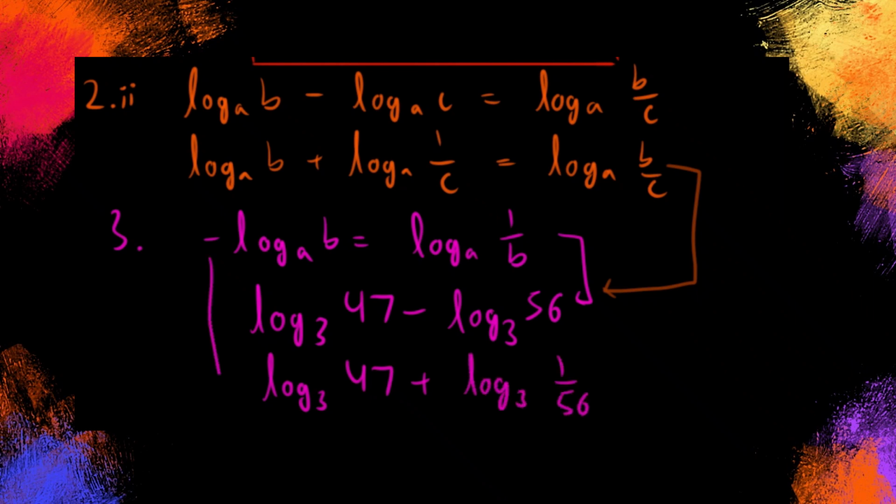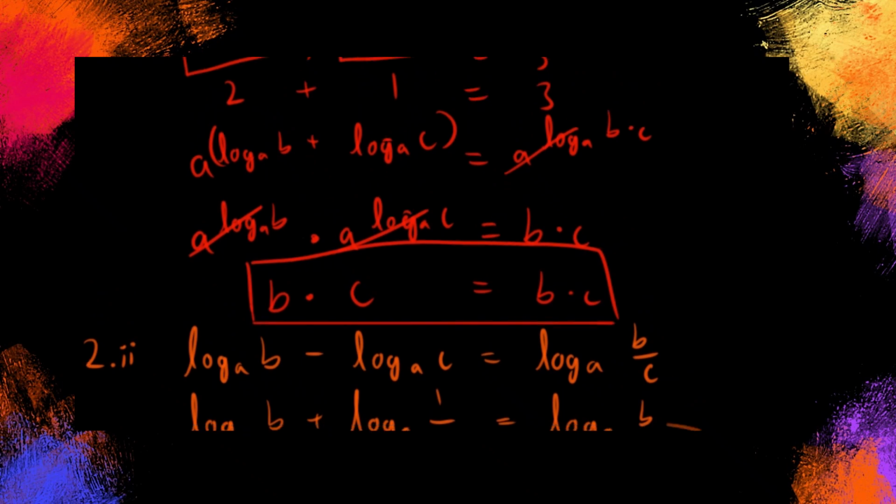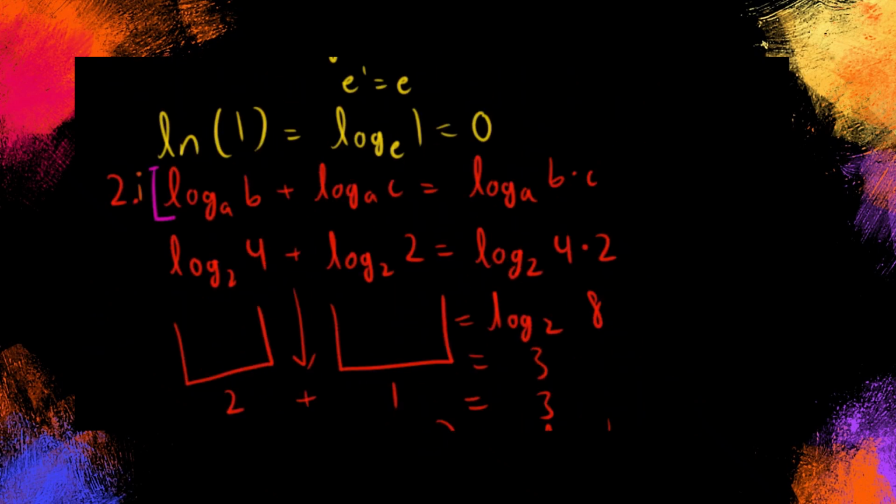So that again derives from this. And from here we can just use the product rule. So log 3 of 47 over 56 is what we get because we're multiplying the insides, or rather the arguments, of both of these logarithms. And that follows from the product rule up here.